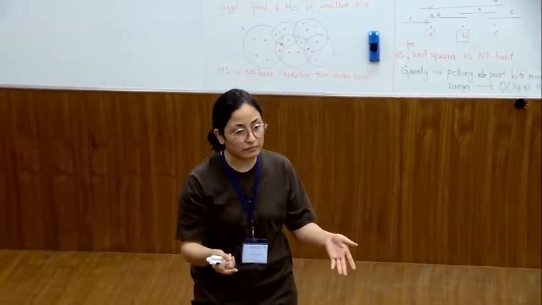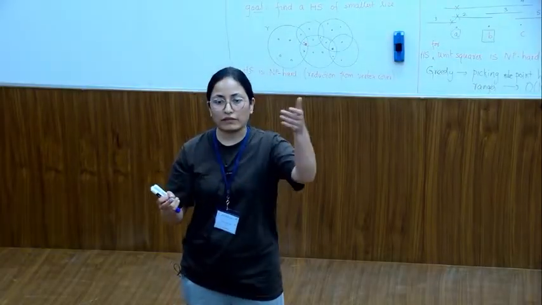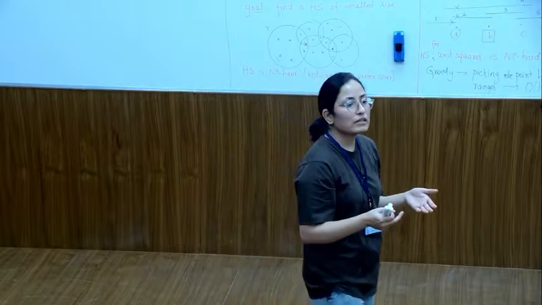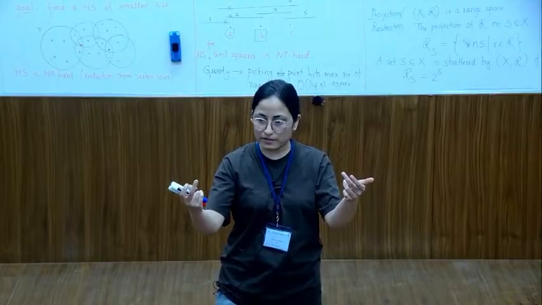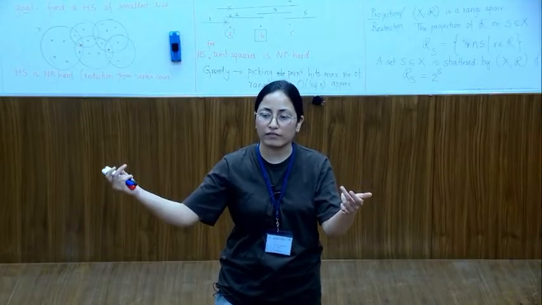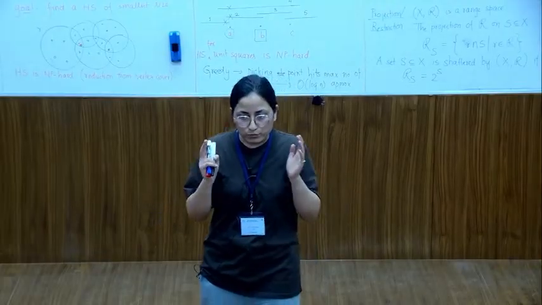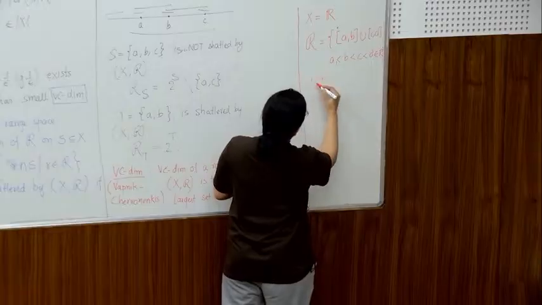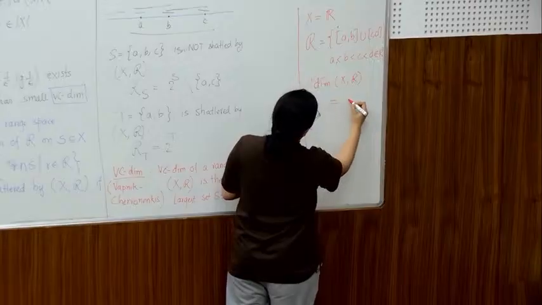With just 2 intervals you can't get it. Which proves that for this range space the VC dimension, denoted by DIM, is equal to 4.